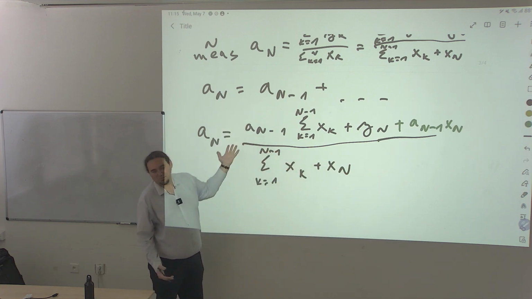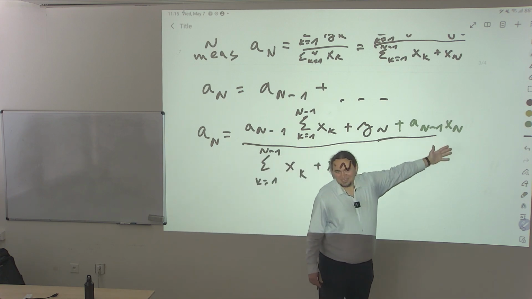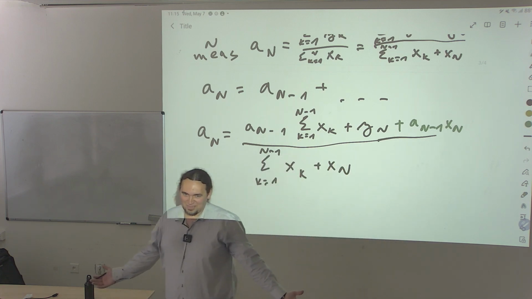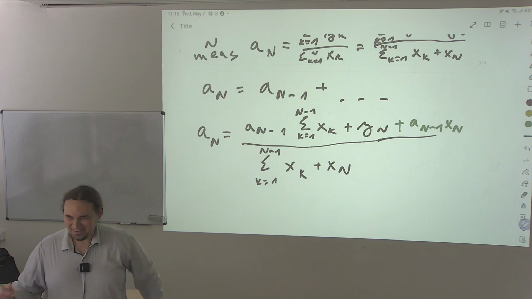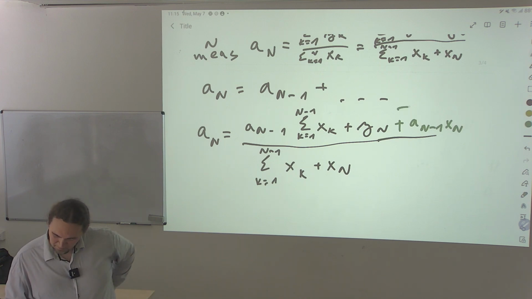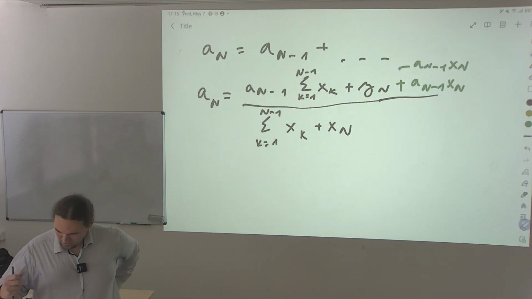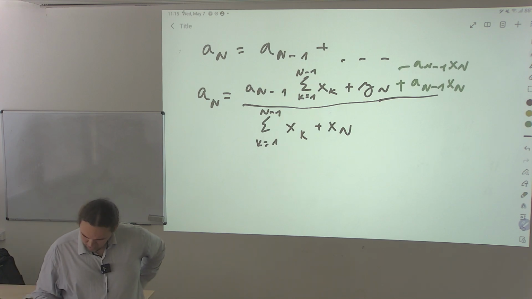So we can eliminate this. Okay, if we add this thing, to make it equal, we also need to subtract it, right? Okay, so now we can be already good to go.